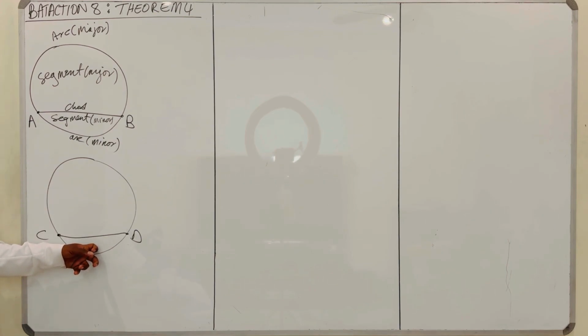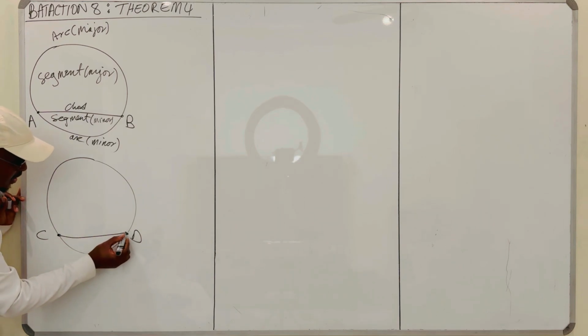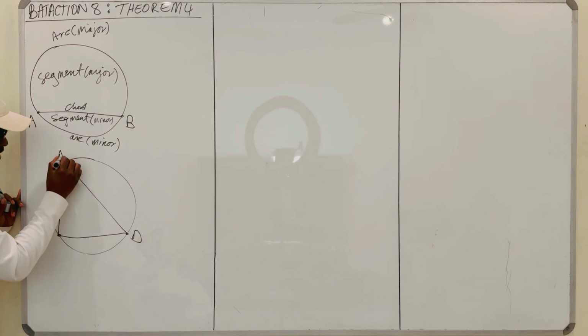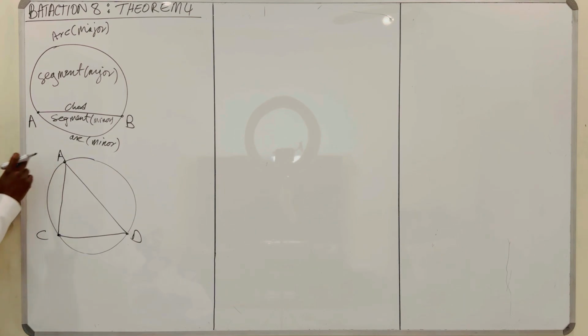Are you guys following? So if you look at this angle here, let's say this is angle A. You can see angle A is subtended by your chord CD or your minor arc CD. Where is it subtended, on the minor segment or the major segment? The major segment.